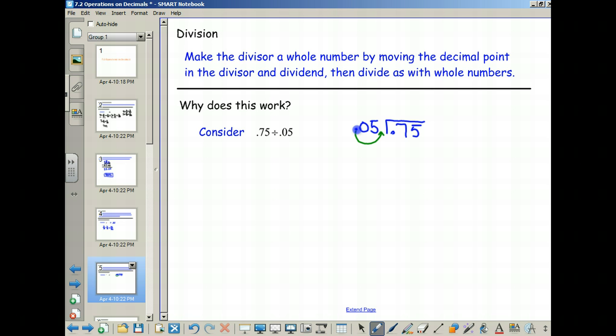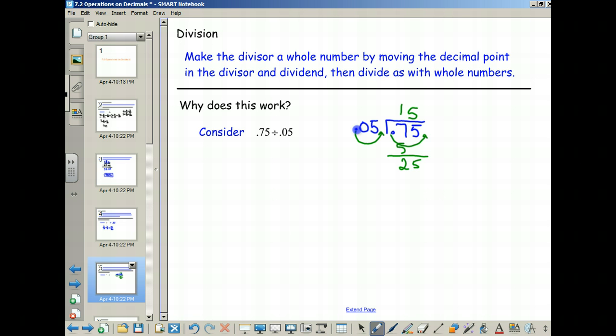So if I move the decimal point 2 on the outside, I have to move the decimal point 2 on the inside, and then I do my division like normal, right? How many times does 5 go into 75? That's the question. 15. So you probably do 1, and you do 5, and you subtract, and you do 25, and you do 15. That one's probably not hard to figure out. You just know that, right?